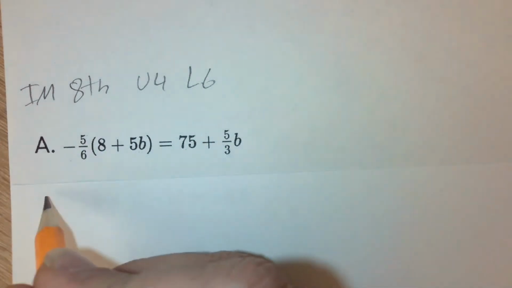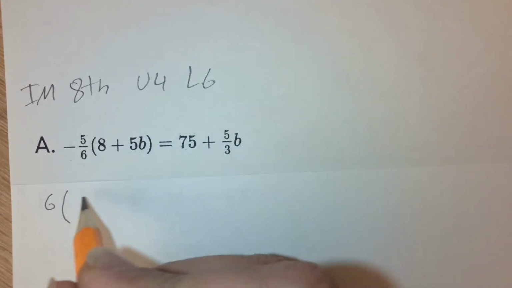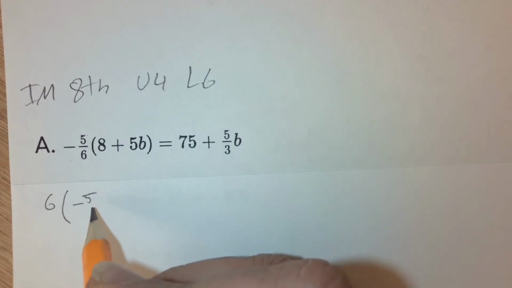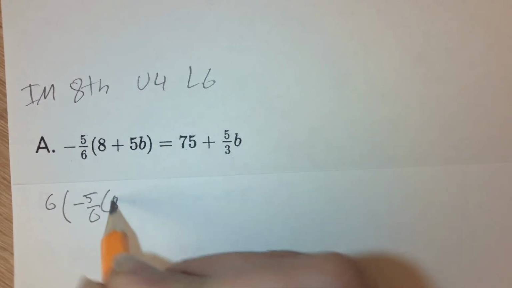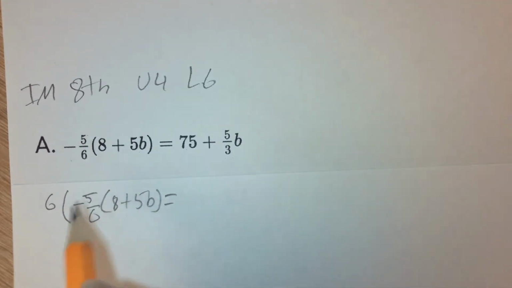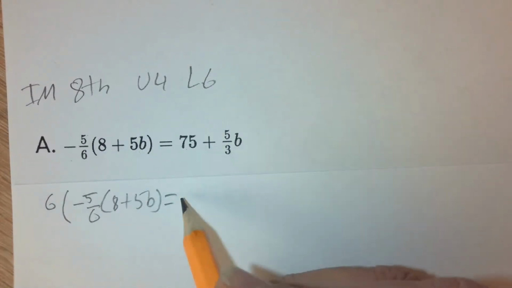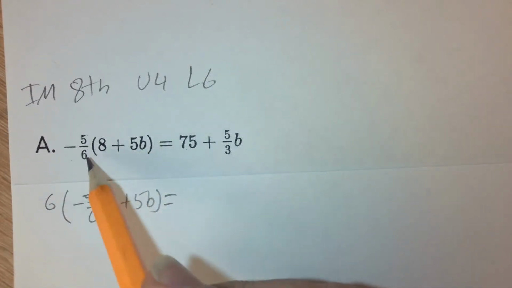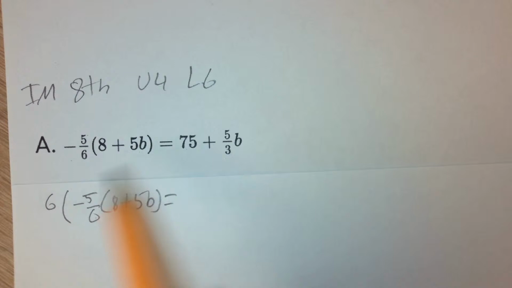So I would have 6 times negative 5, 6 times 8 plus 5b. On this side, I'm just multiplying 6 times negative 5, 6. This will cancel. On the right side, I have to multiply also the next two terms by 6.